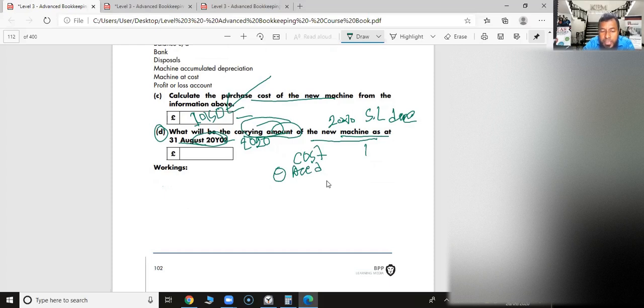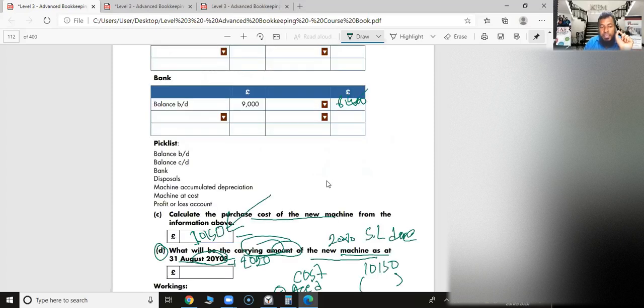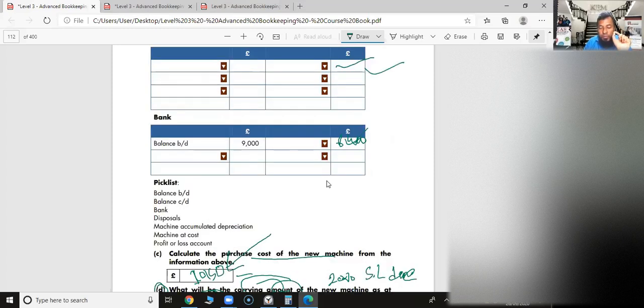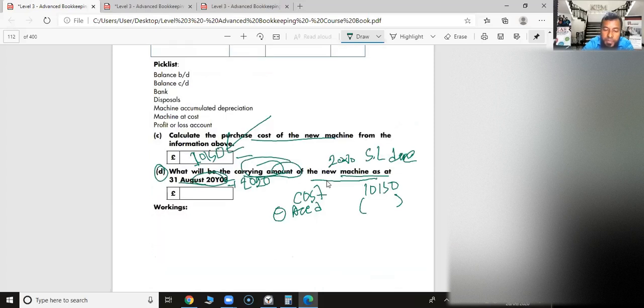Now cost is 10,150. How do you get the accumulated depreciation? You have to do it over 2 years because it's 2020. 2019 and 2020, you have to do 2 years of accumulated depreciation. 20% of 10,150 should give me 2030.